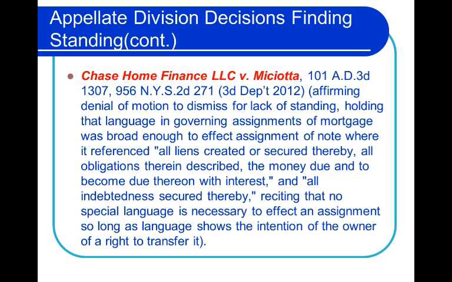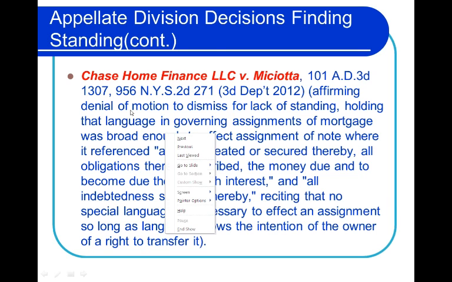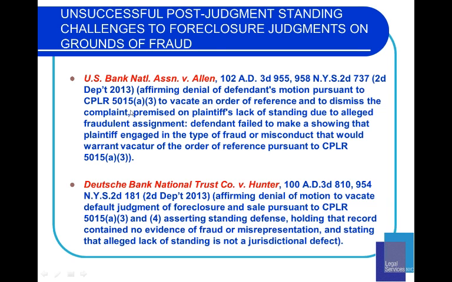This Third Department case was also a little disappointing because it didn't really apply Silverberg, and it decided that the language in the mortgage that had been assigned to the plaintiff, or to the plaintiff's assignor, was sufficiently broad to encompass a transfer of the debt obligation as well. So Third Department, at least at the appellate level, law is not so great.